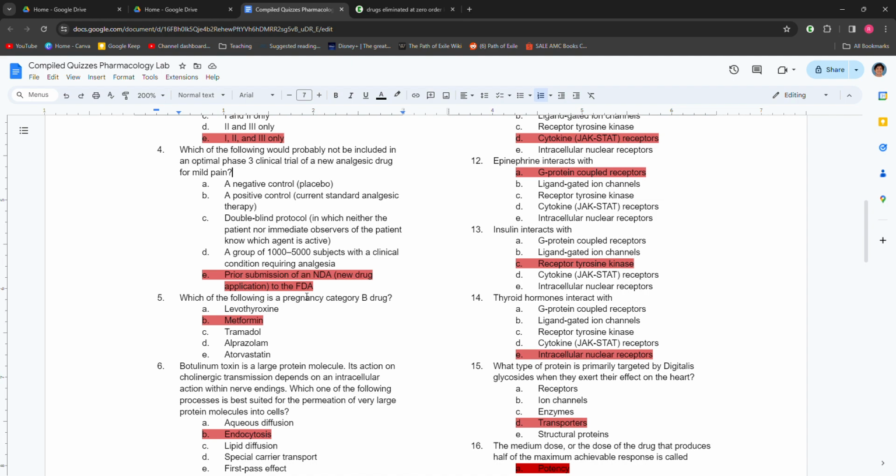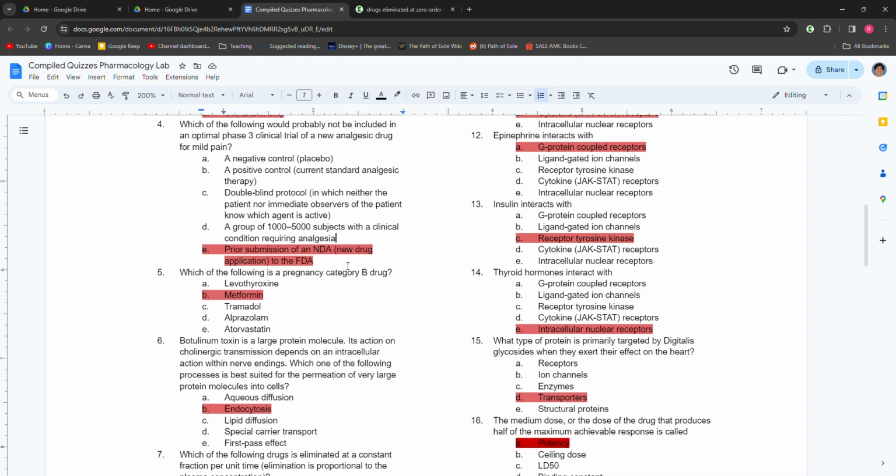So once you have already reached phase 3, you really don't need an FDA anymore, because it is imperative that even before performance of phase 1, you have an NDA application. So a negative control can be included, a positive control can be included, a double-blind methodology can be used, and up to 5,000 patients or subjects can be included.